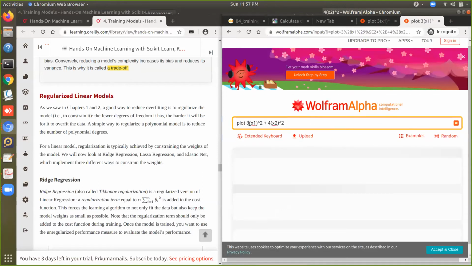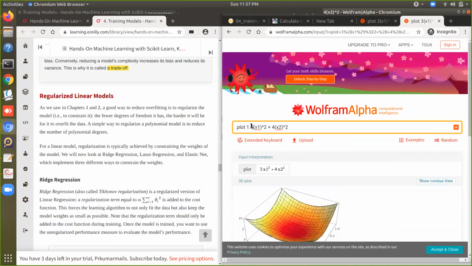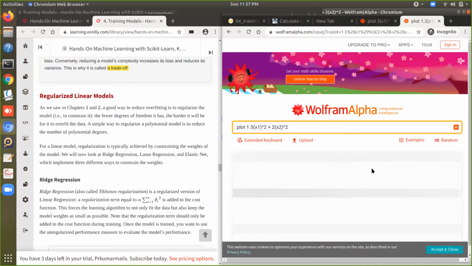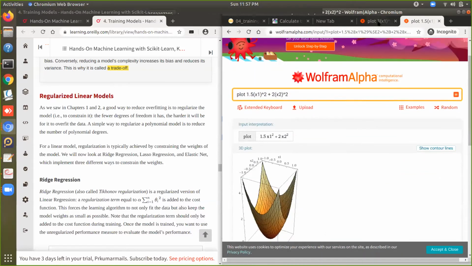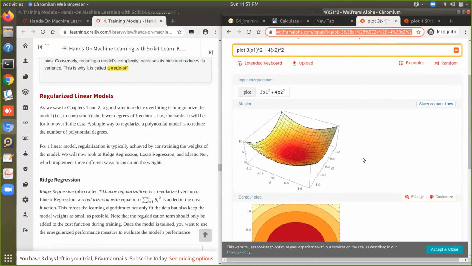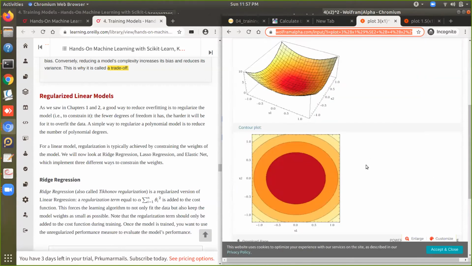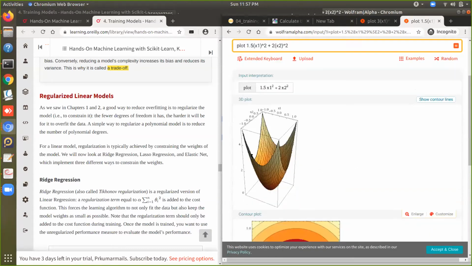If we plot just half of them, we won't get a similar hyperplane here. We will get something similar, but it does not look exactly as in the one-dimensional case. So that's the point here. But both are doing the same kind of thing. Once we optimize, we will get something better. So that's the point in the regularized linear models.